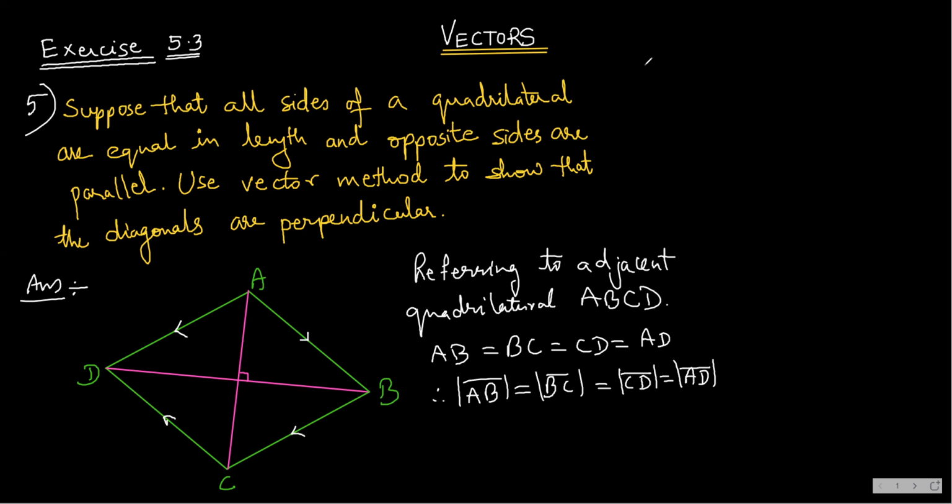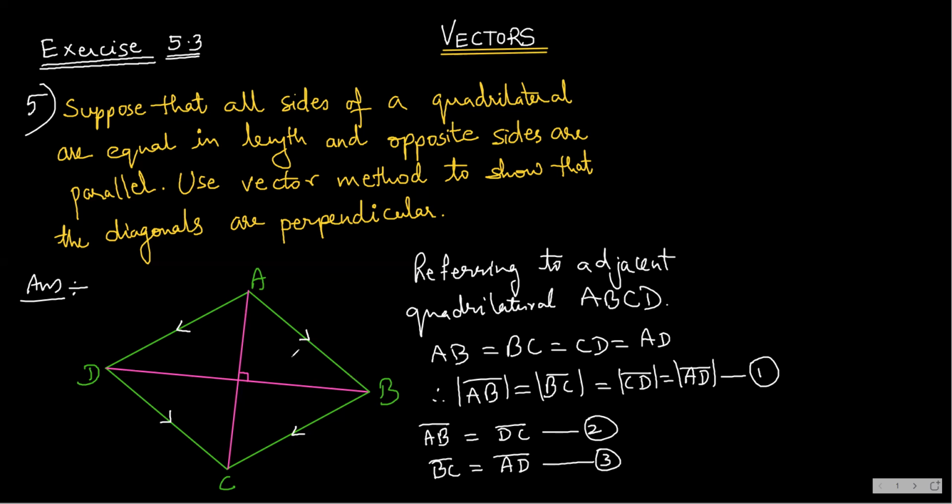Okay. Now, further, I have the opposite sides parallel to each other. So I will write AB bar is equal to DC bar, this I write as 1, and BC bar is equal to AD bar, this is 2.